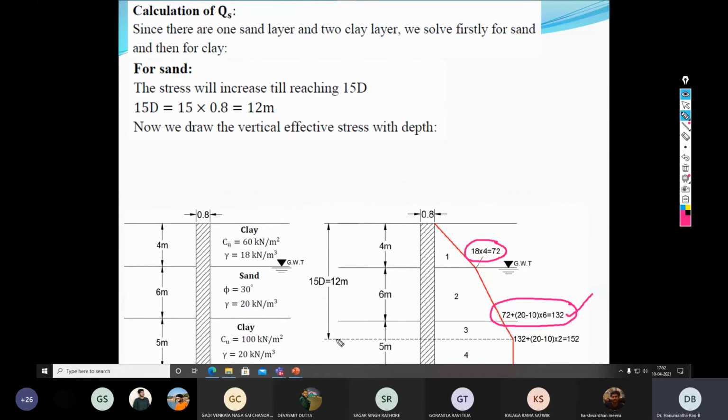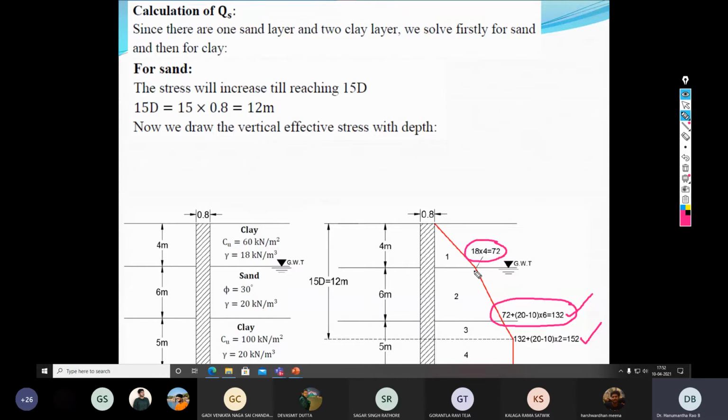Then at a depth of 15 times D, that is 12 meter, this is 132 plus the density of the clay, which is 20. So 20 minus 10 into 2. What you will get is 152. But the 15D ends below 2 meter, so we don't need to consider below 2 meter.